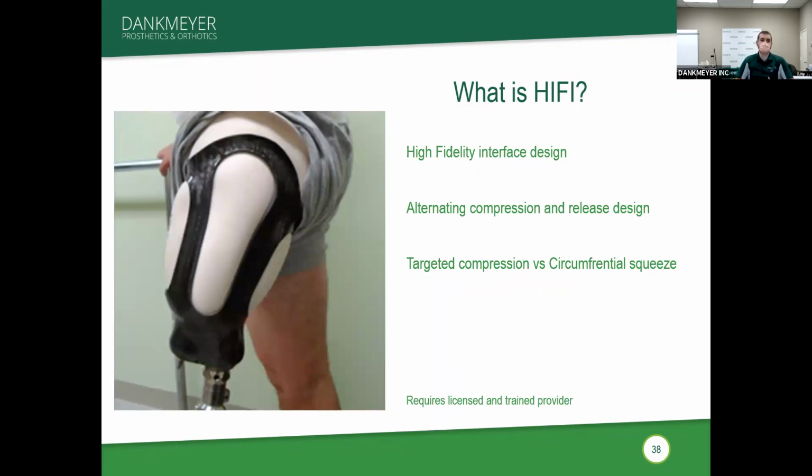I'm going to touch on two sub-ischial designs here really quick. The first one is a high fidelity interface design, and it uses areas of alternating compression and release to have targeted compression on the residual limb. So we're not just circumferentially squeezing; we're pressing in specific areas and then allowing areas for that tissue to flow.